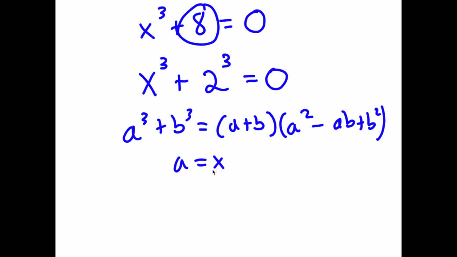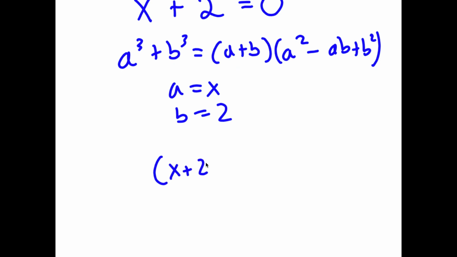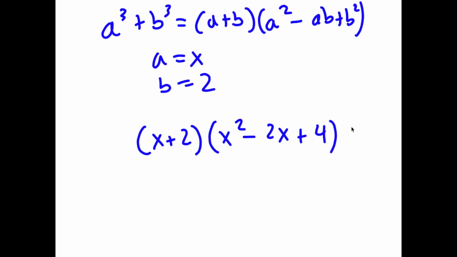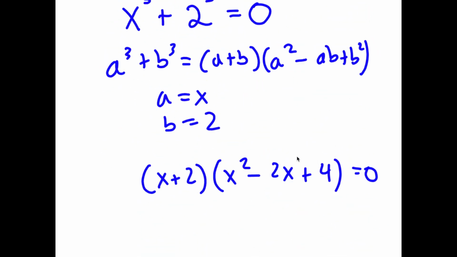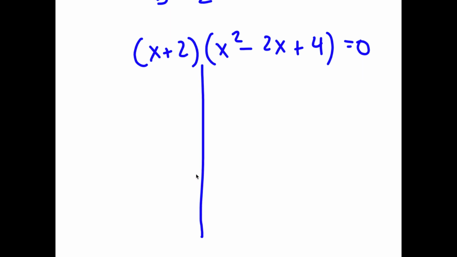In this case, a is equal to x and b is equal to 2. So now I have x plus 2 times x squared minus 2x plus 2 squared, which is 4. This is equal to 0. So now this gives me two equations.